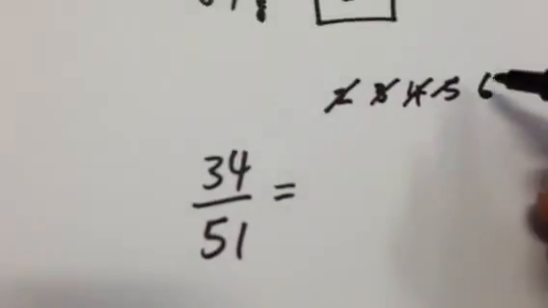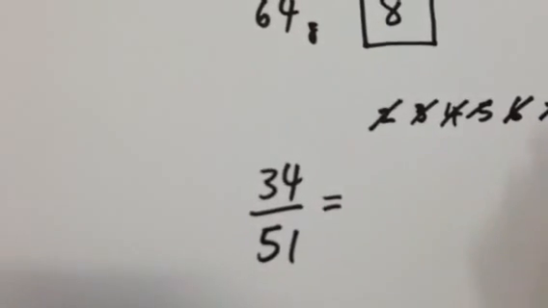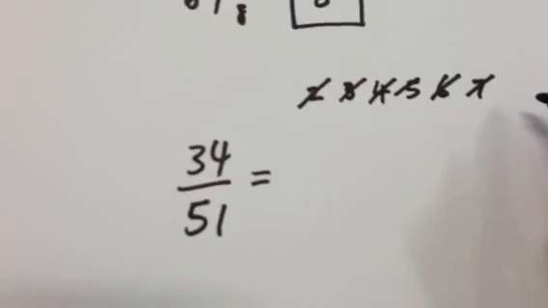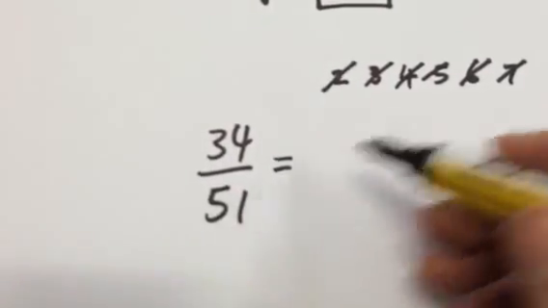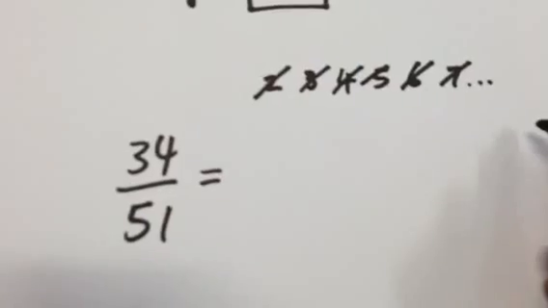6, not part of the 6 times table. 7, no, not either. I'm starting to think, is it as low as it can go or is it not? And what you have to do is you just have to keep going.